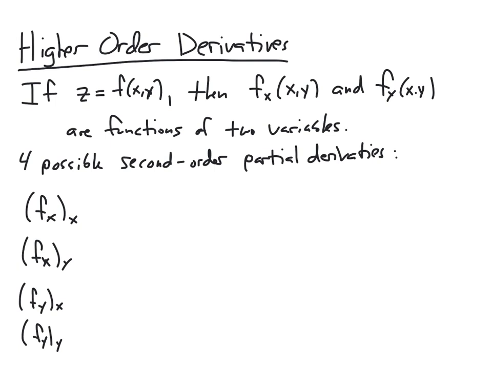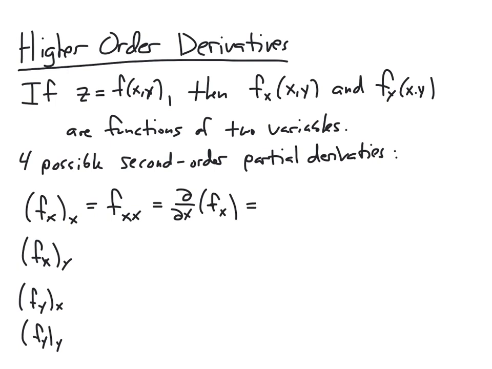So instead of writing this like f sub x and then outside of parentheses another sub x, a lot of times we will just write f sub xx. So a subscript with two variables in a row like this to indicate that we're differentiating with respect to x twice. Right? Now we could also write this as del x of f sub x. This is another common notation that we're differentiating the partial f sub x with respect to x again.